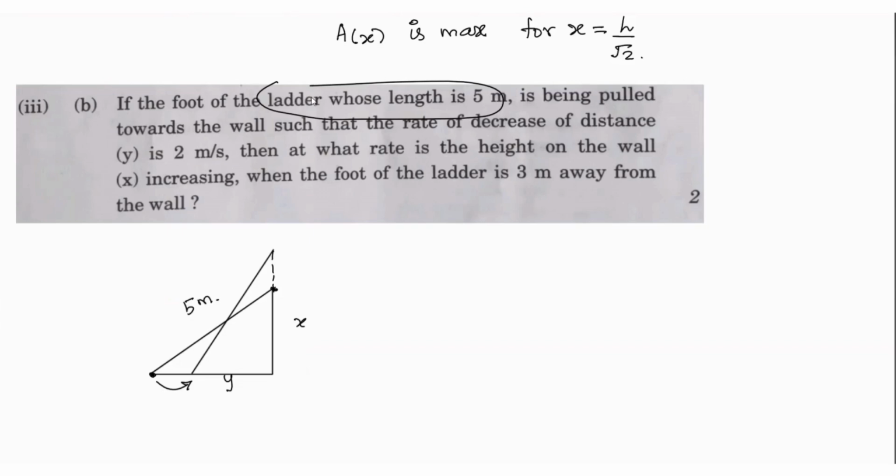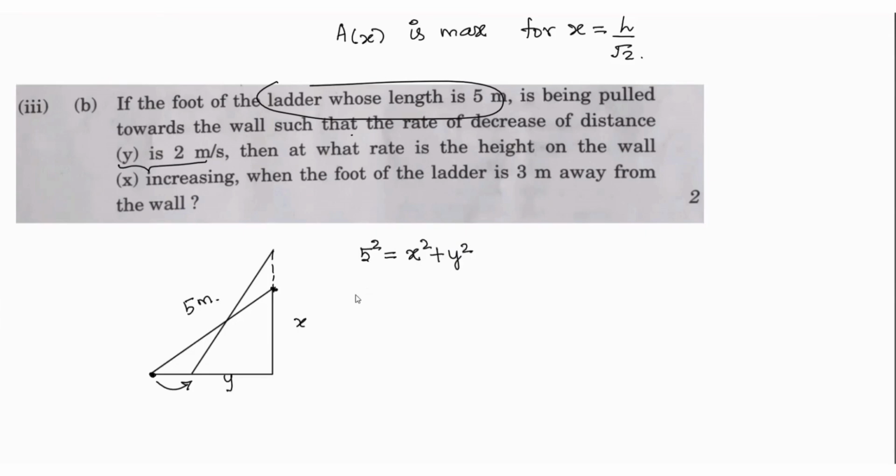So look at this question. Such that the rate of decrease of distance y is 2 meters per second. So what I'm going to do here is form a Pythagoras theorem equation. We know that 5 is the hypotenuse, 5 square is equal to x square plus y square.